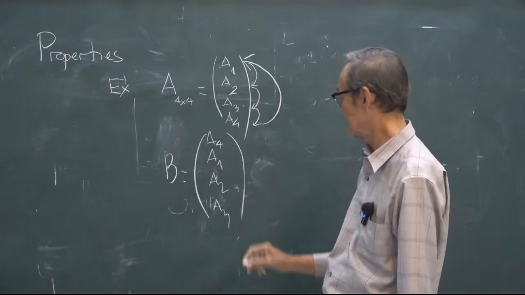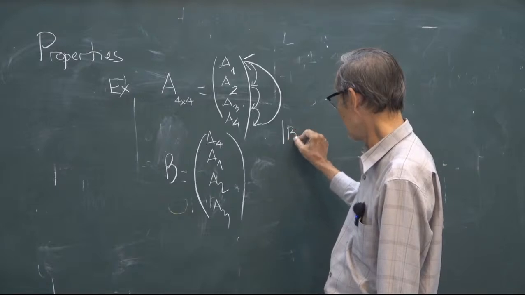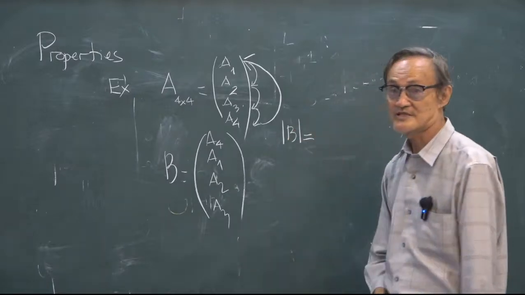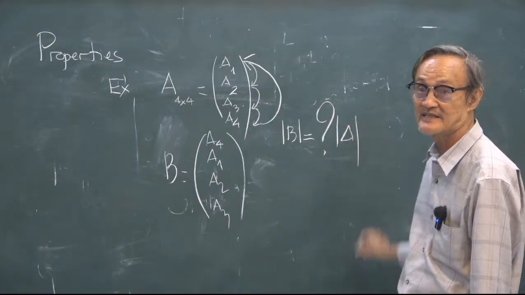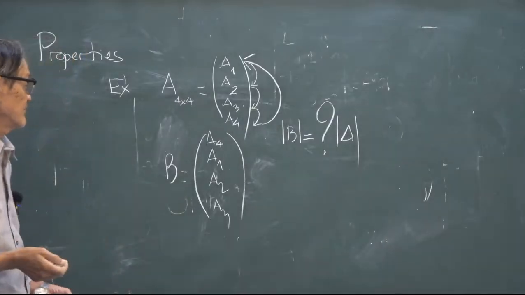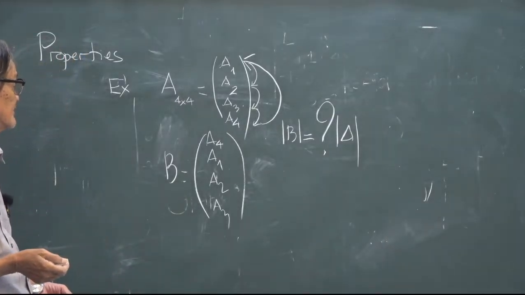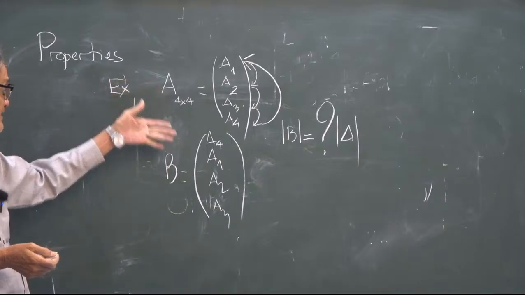Okay. The question is: does determinant of B equal determinant of A? This is the question. B is obtained from A as follows.